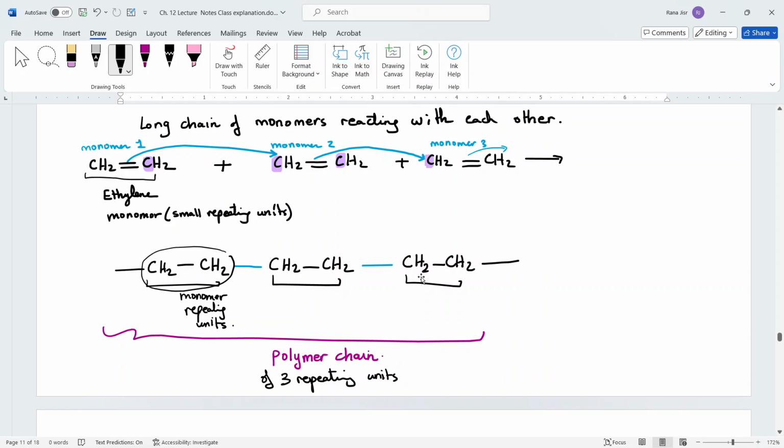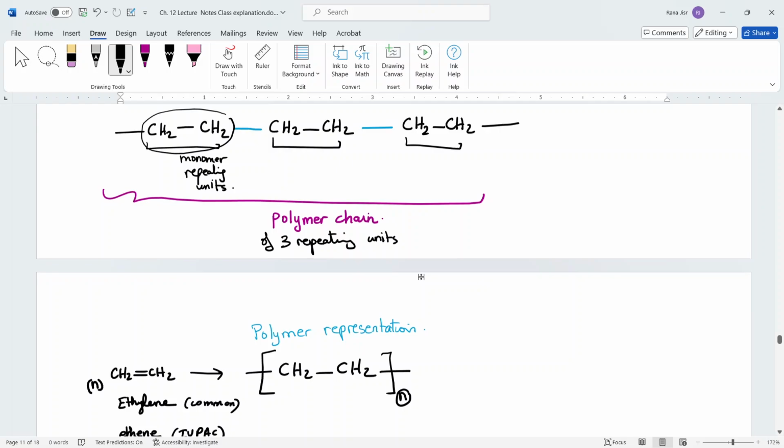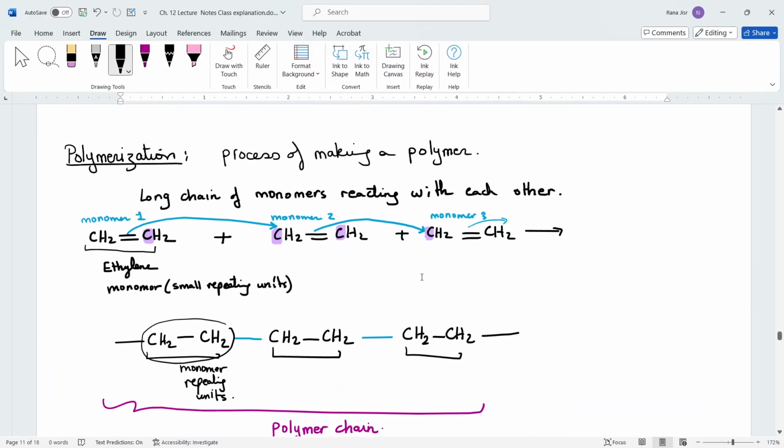And of course, the bigger the polymer, you need an abbreviated way to write that polymer. So in order to represent a polymer, we represent it by its monomer repeating unit. What we do over here is see what the monomer is, and the monomer here is simply two carbons.